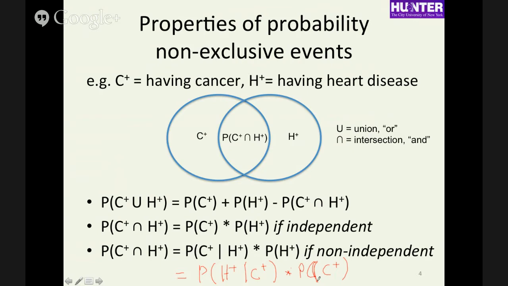Yes, times the probability of having cancer. Yeah, the first one is probability of having cancer given that you have heart disease times the probability of having heart disease. Yes, question.